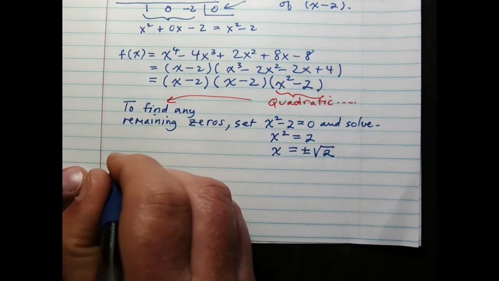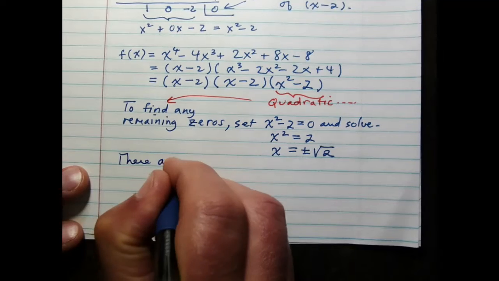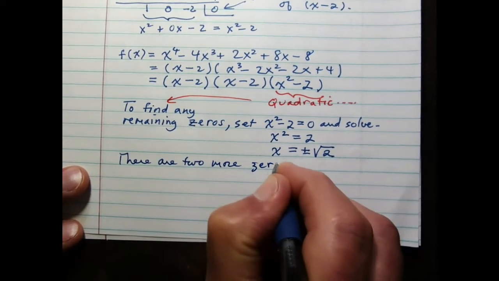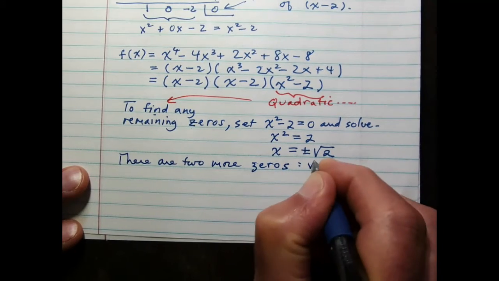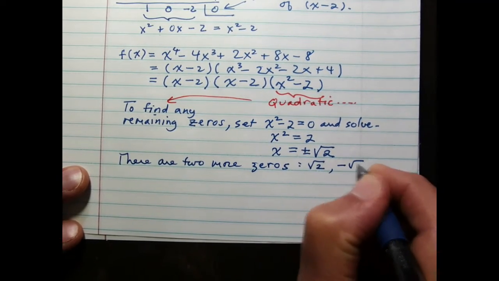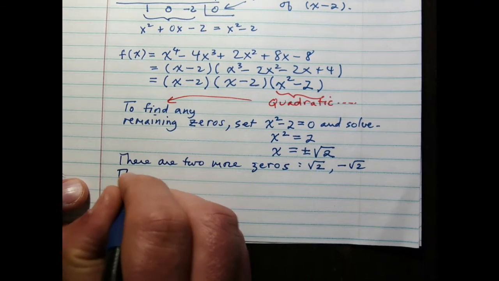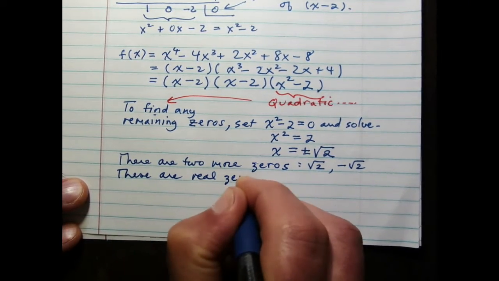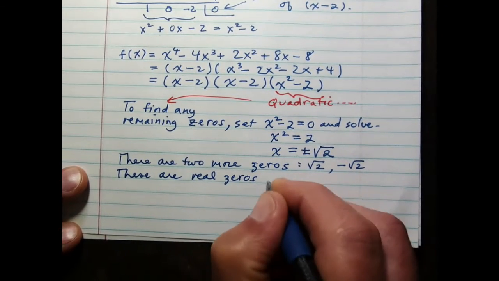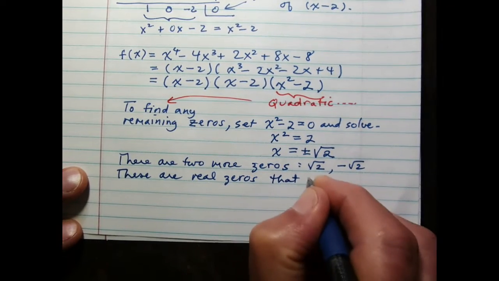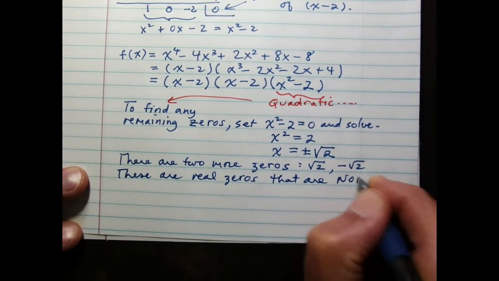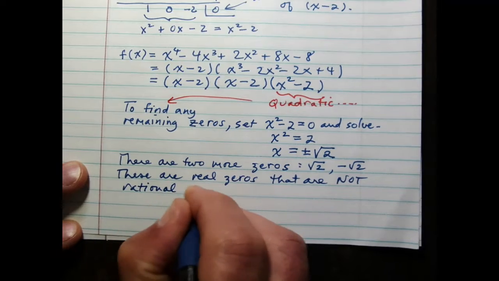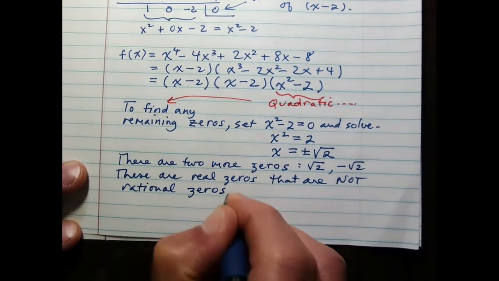There are two more zeros, square root of 2 and negative square root of 2. These are real zeros that are not rational zeros. Rational numbers are integers or fractions of integers.